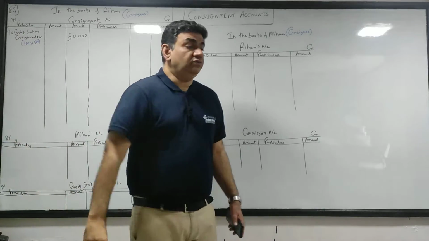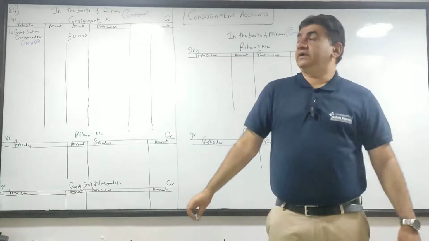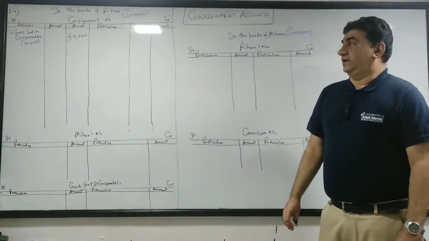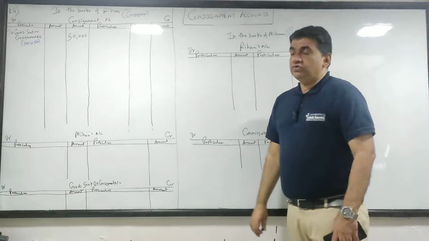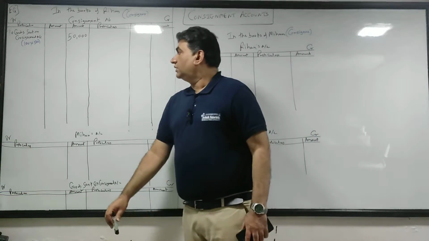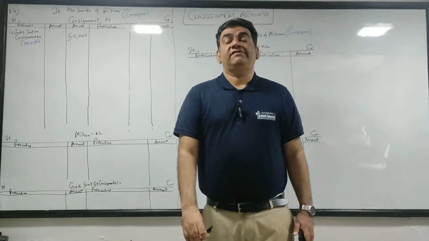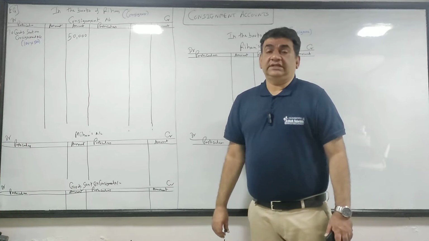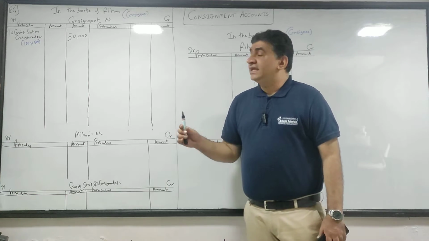To goods sent on consignment account, 100 into 500, that is 50,000. Now listen very carefully.